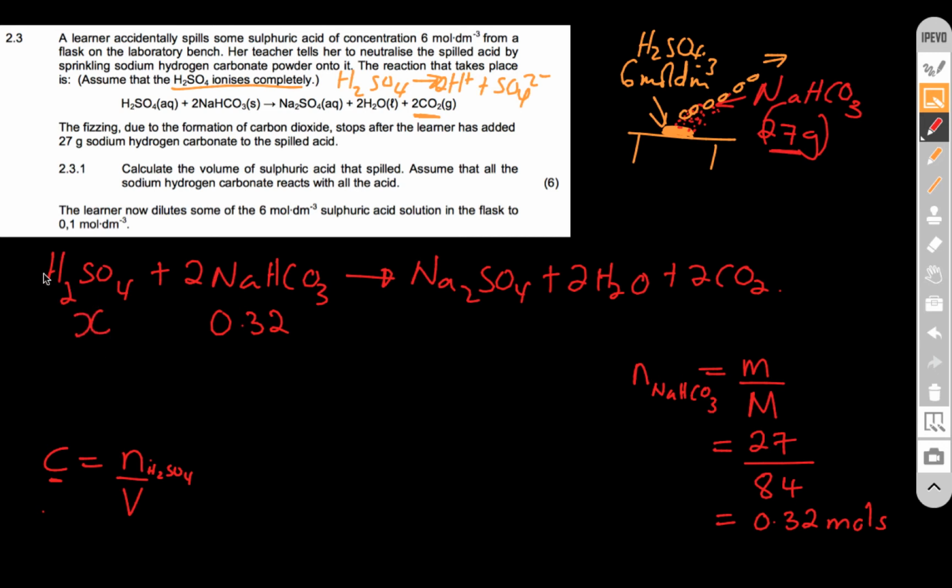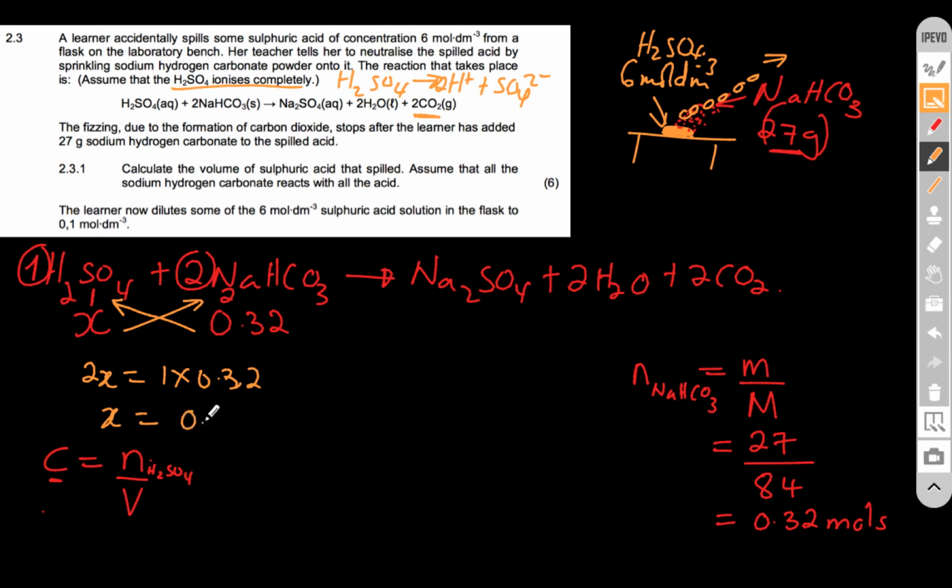You can see 1 mole of sulfuric acid reacts with 2 moles of that, so it's 1:2, and then you do the cross multiplication. This one times that and this one times that gives 2x equal to 1 times 0.32, and then x is going to be this divided by 2, which gives you 0.16 moles. This simply means that 0.32 moles of sodium hydrogen carbonate reacts with 0.16 moles of sulfuric acid.